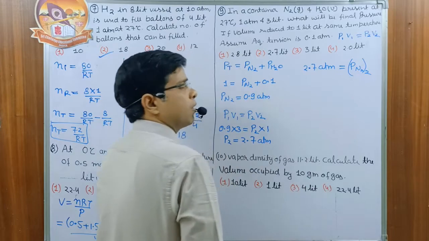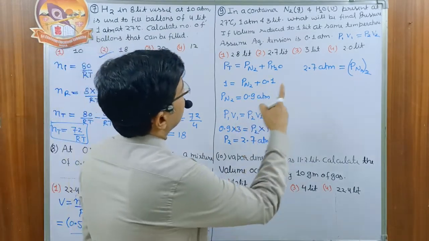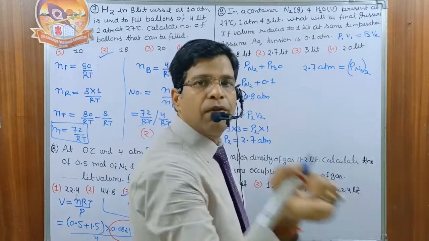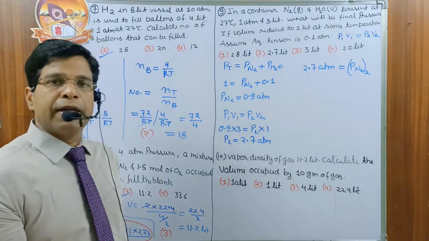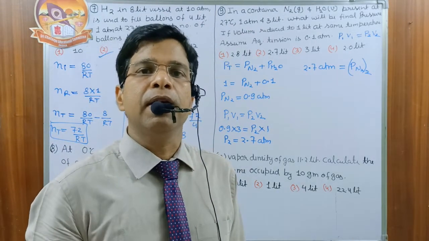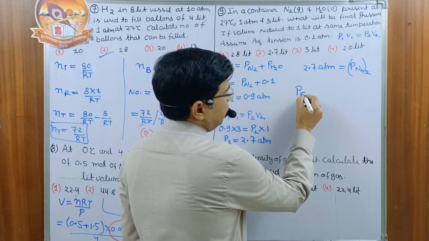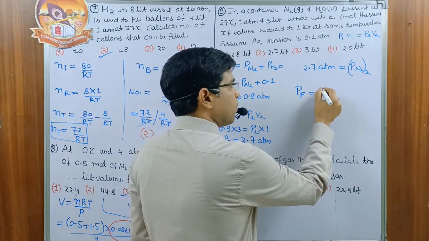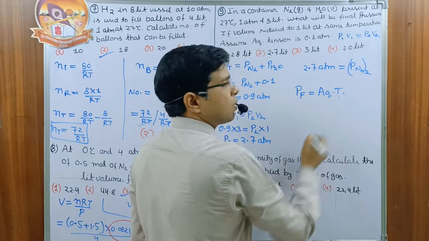Pressure of the nitrogen gas at condition 2, but we want to calculate the total final pressure. Final pressure also includes the pressure of the nitrogen gas plus aqueous tension, because still the water vapor is present in the same container. Aqueous tension only depends upon the temperature, so it has to be constant.